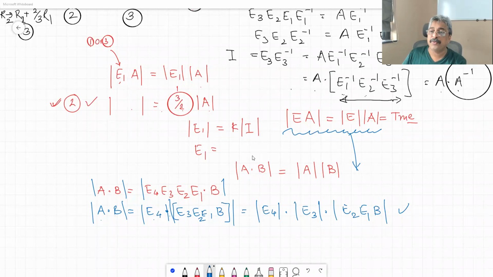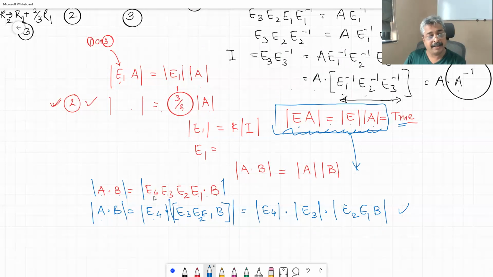Okay. So now what we have as a tool is elementary transformation matrix into A. Determinant of that is equal to determinant of elementary transformation matrix into determinant of A. This is true. We have verified it. Correct? Now, A dot B can be written as E4, E3, E2, E1 dot B. Dot means multiplication.